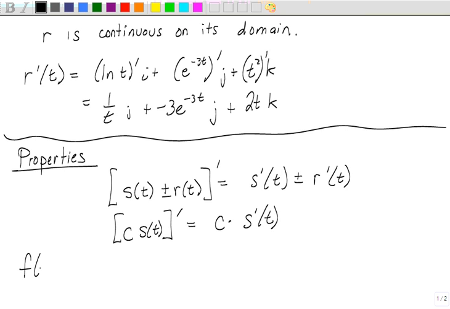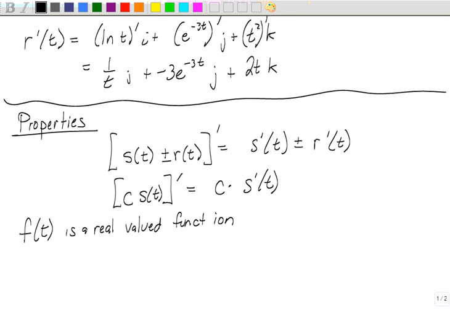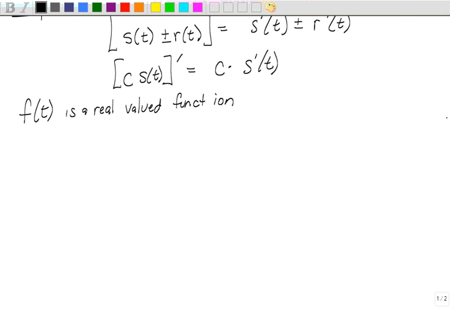If f of t is a real-valued function, remember s and r are vector-valued functions. They give us vectors. f of t gives us real numbers. Then if you multiply f, which is real valued, by s, which is vector valued, and take the derivative, we can use the product rule.